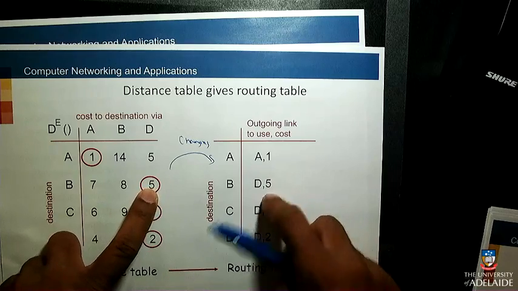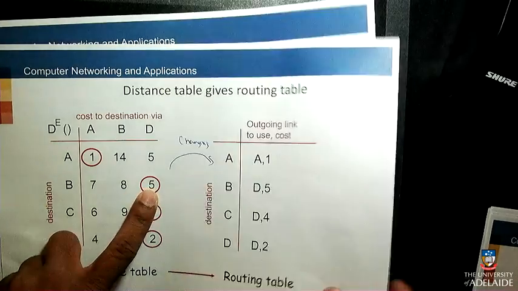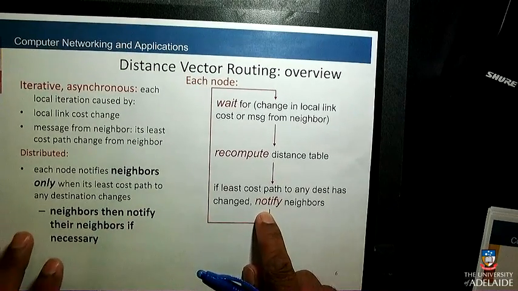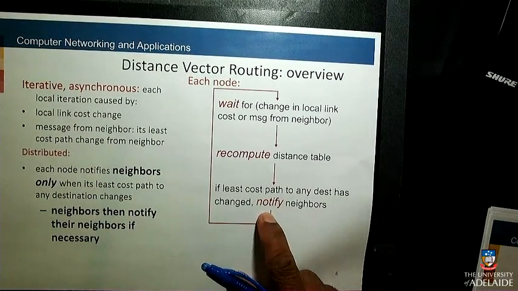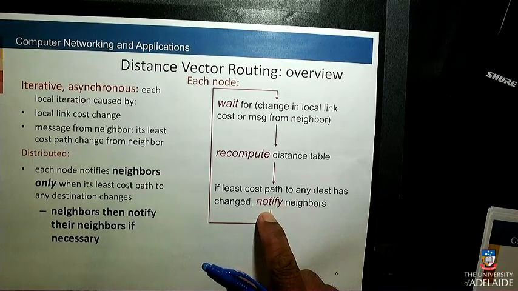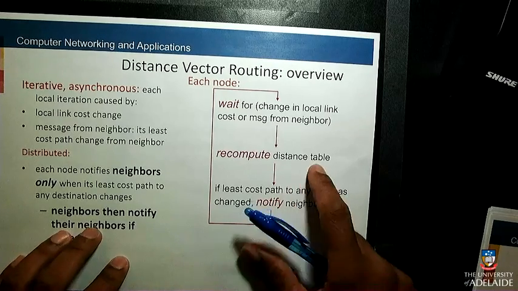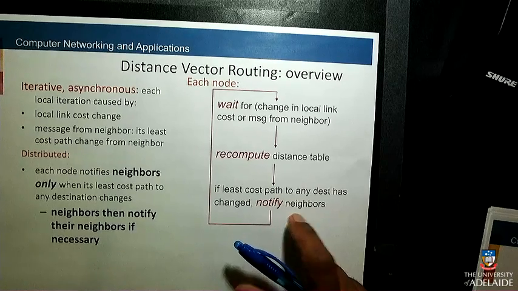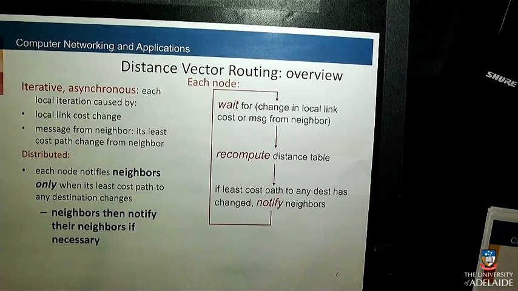But if I end up changing my routing table as a result, then I have to notify my neighbors of my new routing table, right? Because now I have a least cost path to a destination that I need to tell my neighbors about, okay? But if it doesn't change, then I do nothing, right? Because I have no new information to share, okay? So you recompute the distance vector table. If the distance vector table change results in a routing table change, you advertise to your neighbors, right? Clear?